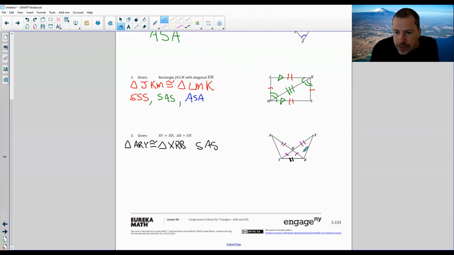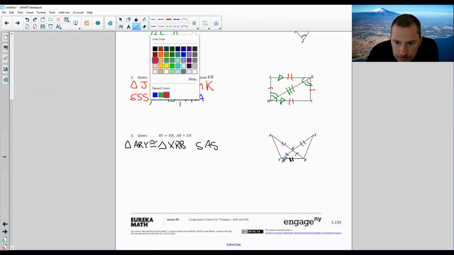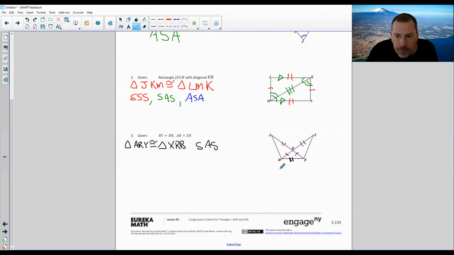Now all I need is an angle. So what am I going to do about that angle? Okay, now this one's a little tricky. If we focus on this triangle right here, that is an isosceles triangle because these two sides are congruent.